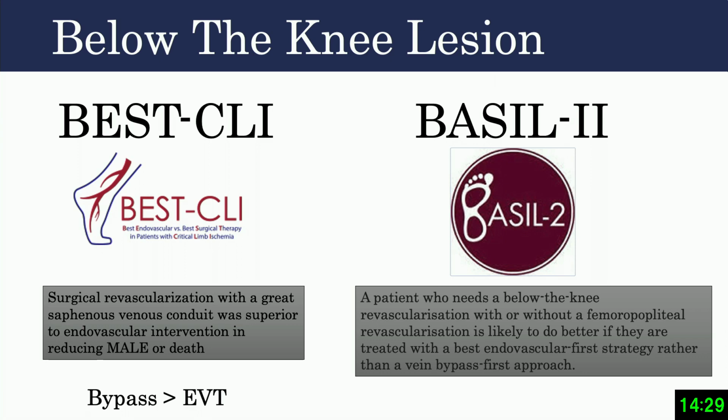On the other hand, in the BASIL-2, EVT is better than bypass surgery. So the conclusion is carried over.